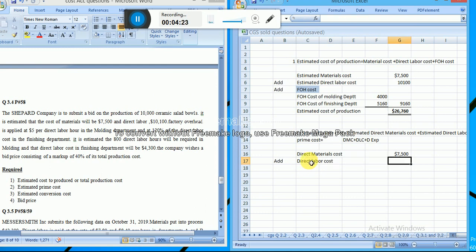Now, how much is direct labor cost? Our direct labor cost is $10,100.